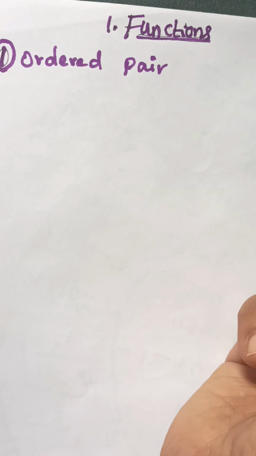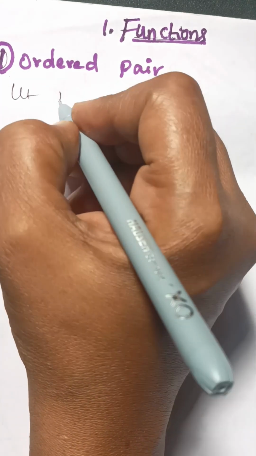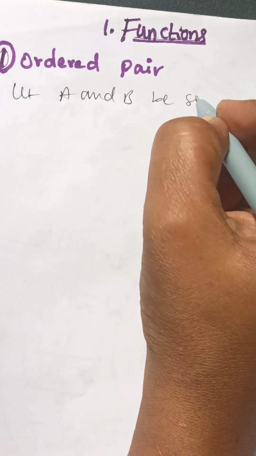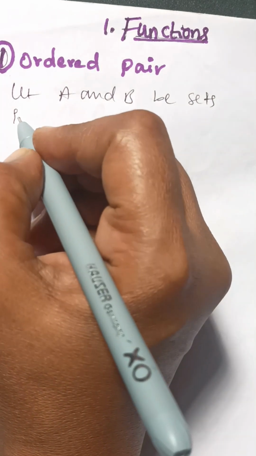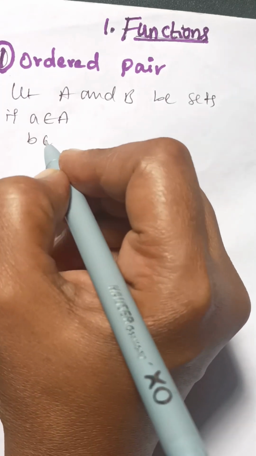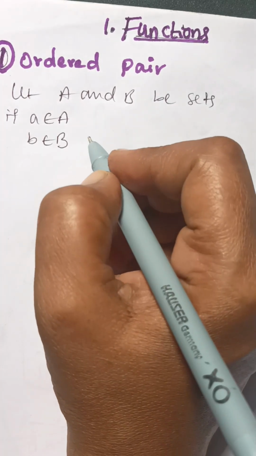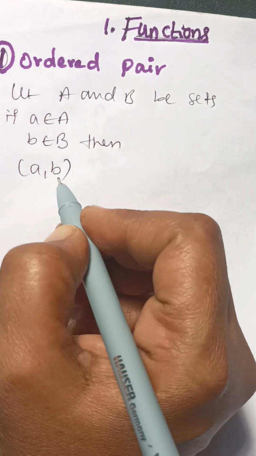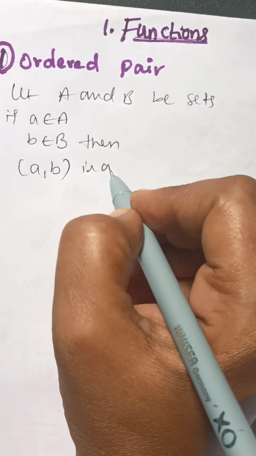Ordered pair. Let A and B be two sets. If a belongs to A and b belongs to B, then (a, b) is called an ordered pair.